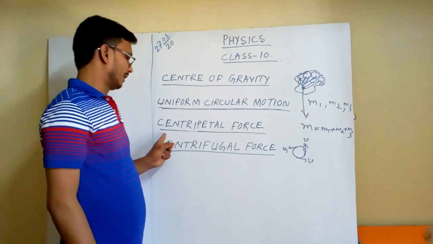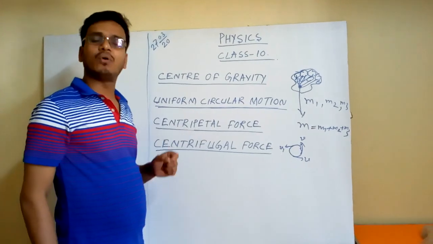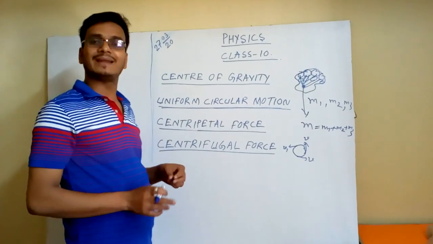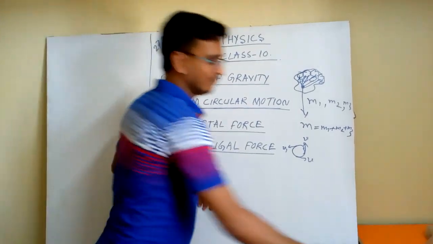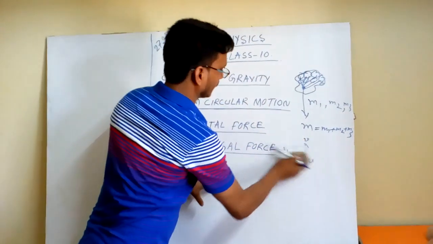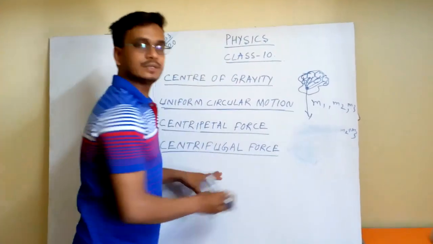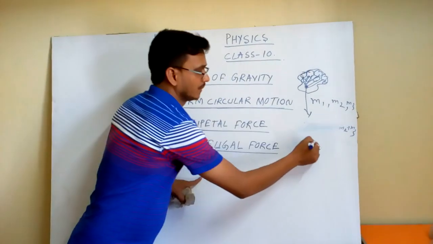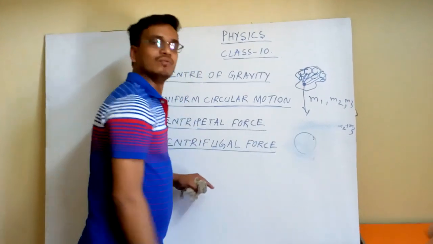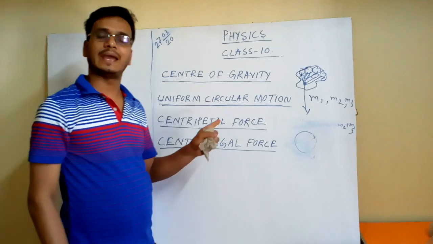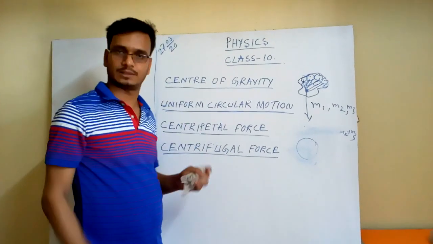Next very important point, centripetal force. What is the centripetal force? At first I am giving an example. Centripetal force means, all the time remember, centripetal force actually occurs in a circular path.